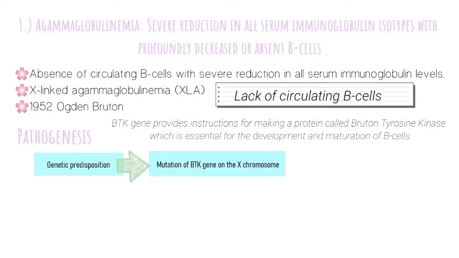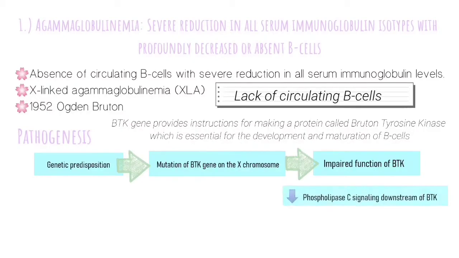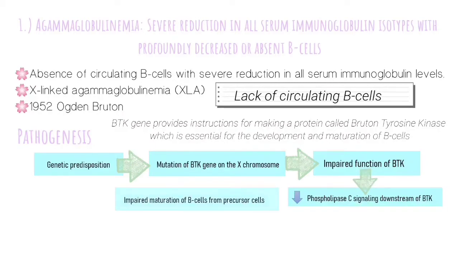So when there is a mutation of the BTK gene, it causes impaired function of the BTK. Then there will be a decrease in the phospholipase C signaling downstream of the BTK, which then impairs the maturation of B cells from precursor cells. This causes impaired B cell function.